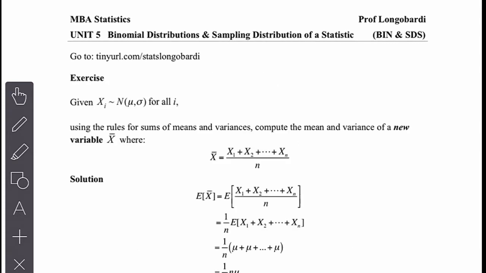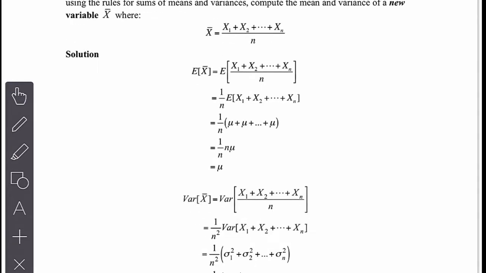I don't prove the shape of the distribution, but I do prove that you can derive the mean and the variance, and from there the standard deviation of the sampling distribution. So I do prove it here. You do not have to repeat this. This is just a really good exercise to practice what you know about the rules of means and variances. So you can step through here and see how I get those results.